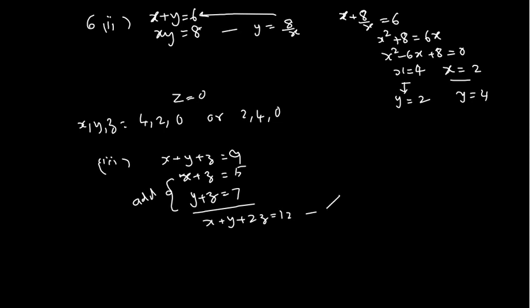That means x plus 3 equal to 5, so x equal to 2. So you got x equal to 2, z equal to 3. You can substitute in the first one if you want. Then you get 2 plus y plus 3 equal to 9. So y is equal to 4.